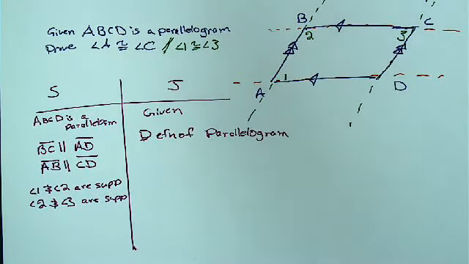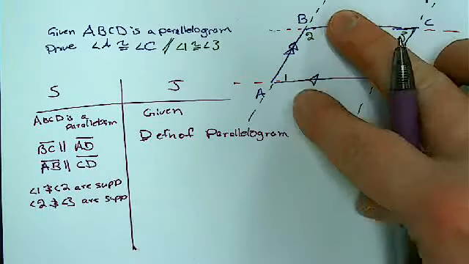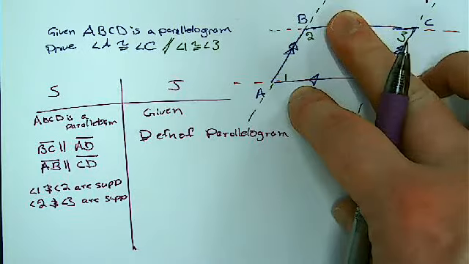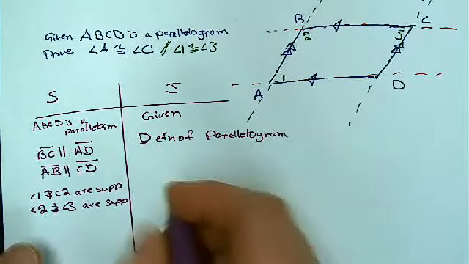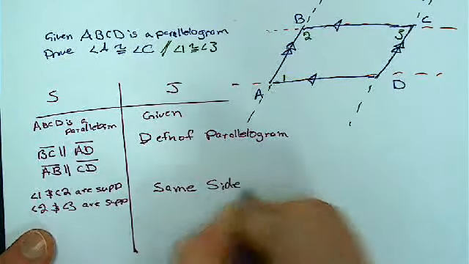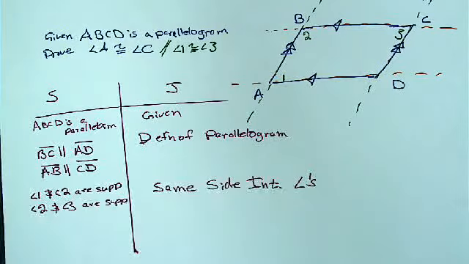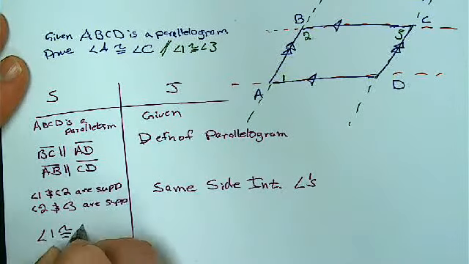I've got parallel lines, therefore these angles are supplementary. What kinds of angles are they? Same side interior angles. Now I can use the supplementary angles theorem to say angle 1 must be congruent to angle 3.